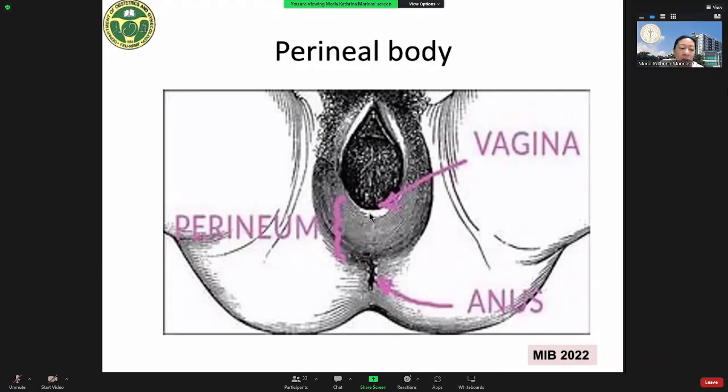It is the portion between the posterior fourchette and down to the anus. As a clinical correlation, we usually do an episiotomy or incision during childbirth or vaginal birth alongside the perineal body. This can be torn with second, third, or fourth degree lacerations.